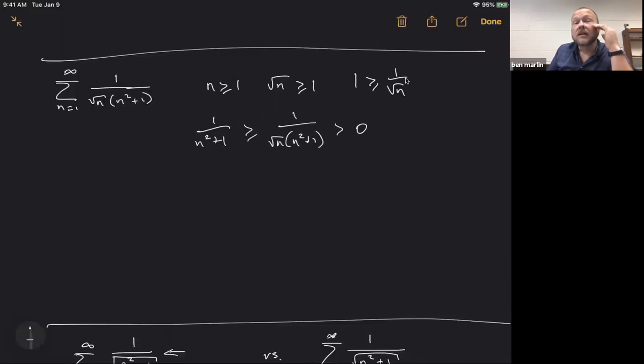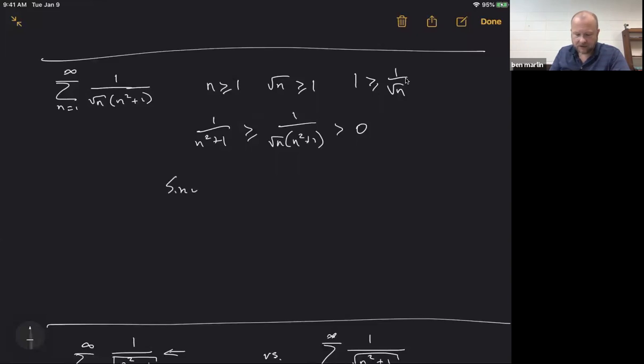Now, you might think, hey, I could tackle this the other way. I can also say that 1 over n squared plus 1 is less than 1, so this is less than 1 over the square root of n. But the summation of the 1 over the square root of n diverges. And having something that's smaller than a divergent series doesn't tell you anything.